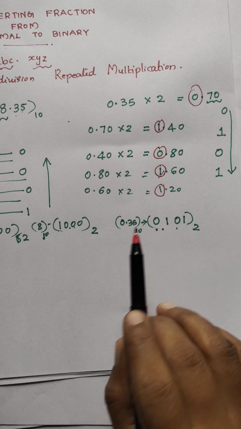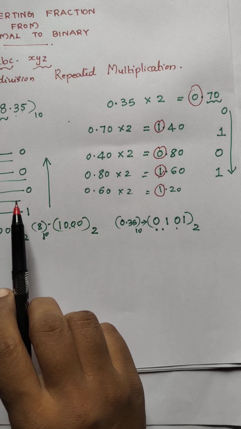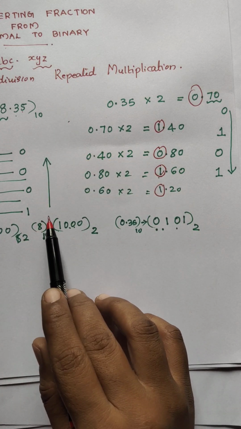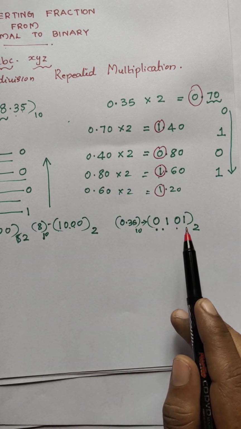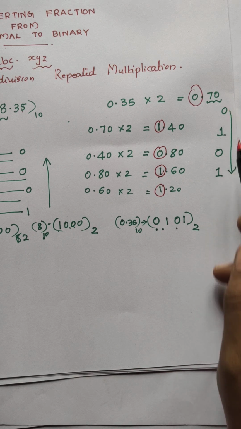We can take 3 or 4 digits. And do remember this: for the integer part, we produce the output from bottom to top, but for the fractional part, the point part, please listen, it is top to bottom.